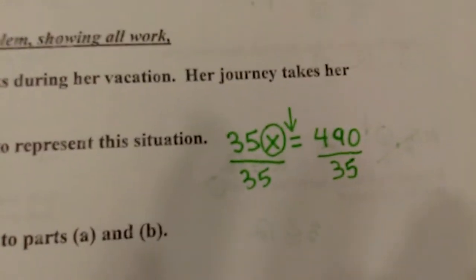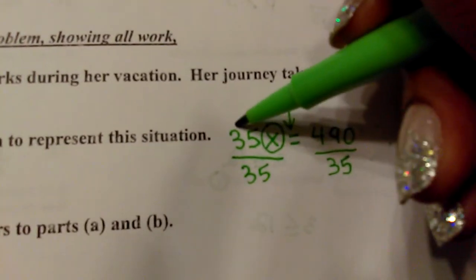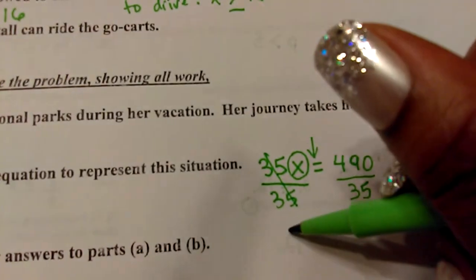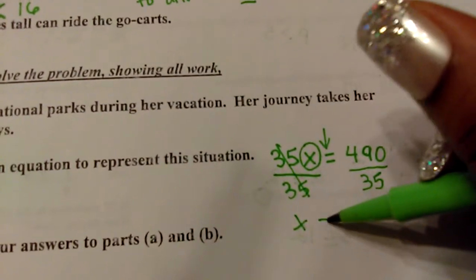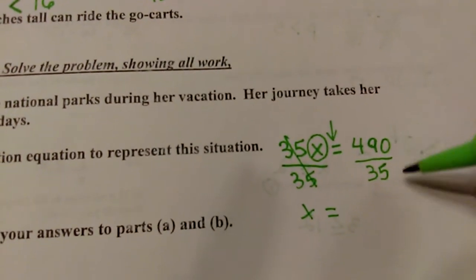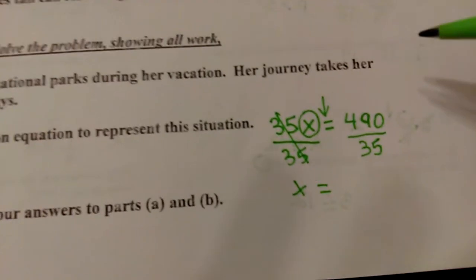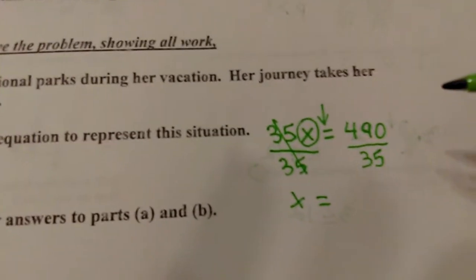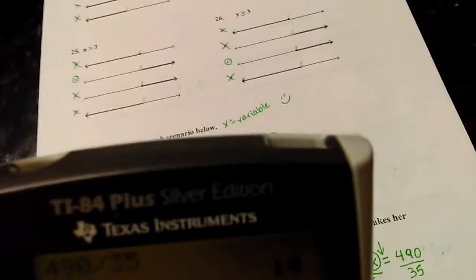The 35s on this side simply cancel out, leaving us with X equals. Now we have to simplify 490 divided by 35, and I'm going to pop that into my calculator. I get that 490 divided by 35 is 14.